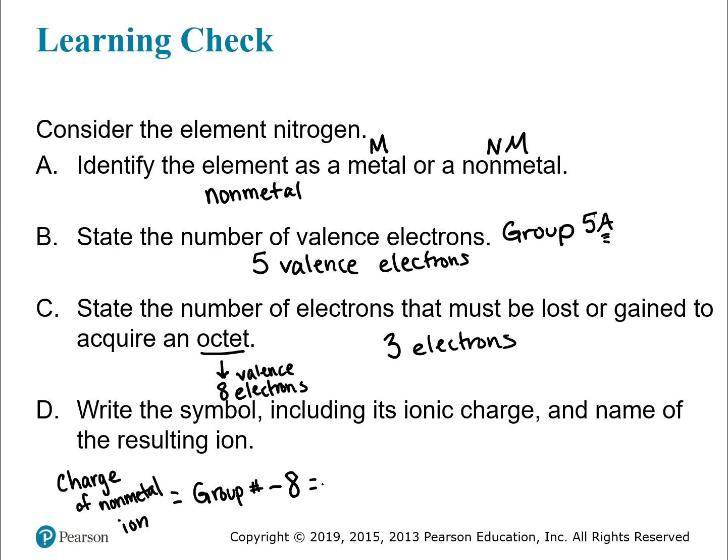So in this case, nitrogen is in group 5A, so it's 5 minus 8 gives us -3. That's the charge of the ion that nitrogen forms when it gains electrons. I don't remember if we mentioned nonmetals gain. So it needs to gain 3 electrons to become an ion.